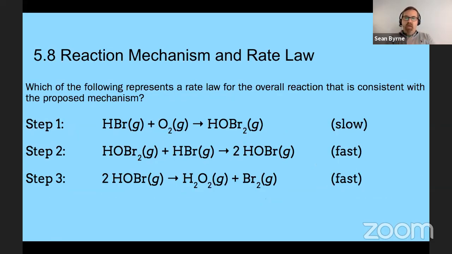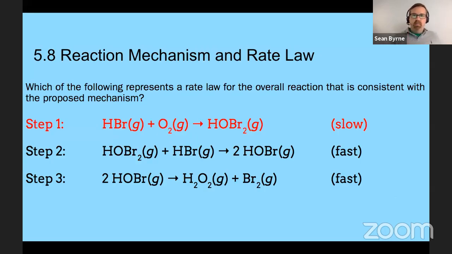Okay, so if you were given a reaction that looks like this, or a mechanism that looks like this, you might be asked to consider what's here and identify which of them represents the rate law for the overall reaction that's consistent with this proposed mechanism. And what you'd want to do is identify that this is the rate determining step.